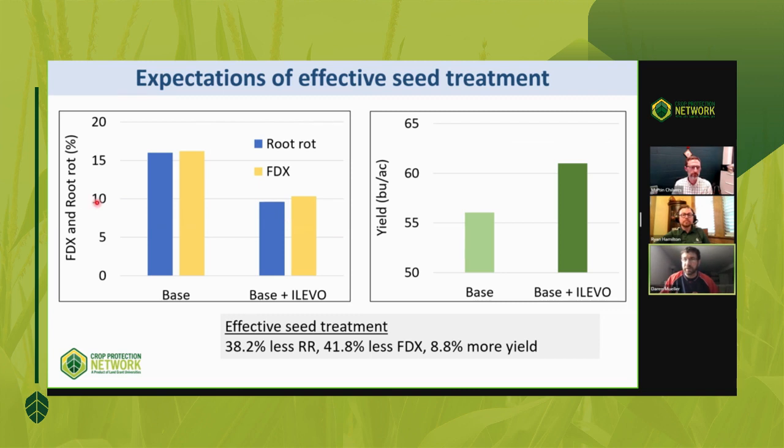So there is a component that is protecting the root from the root rot phase. And this one had a little bit more disease, so we had about 42% reduction in foliar symptoms. So it's effective against both phases of the disease.